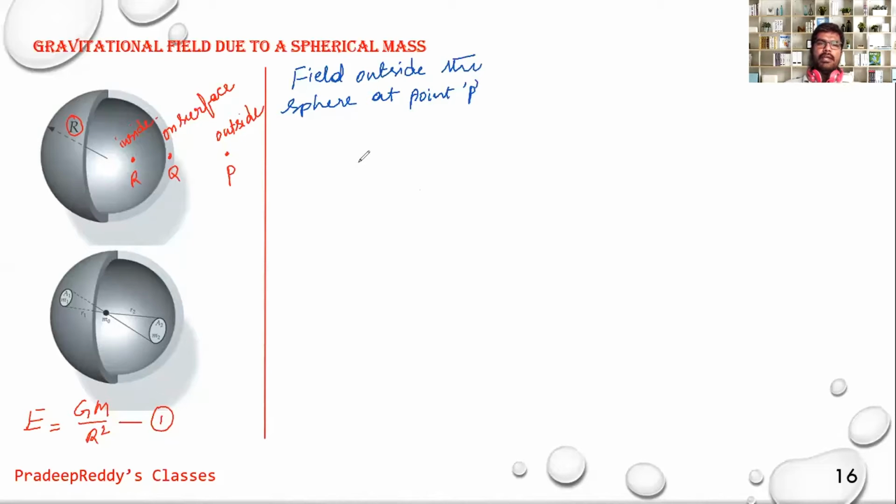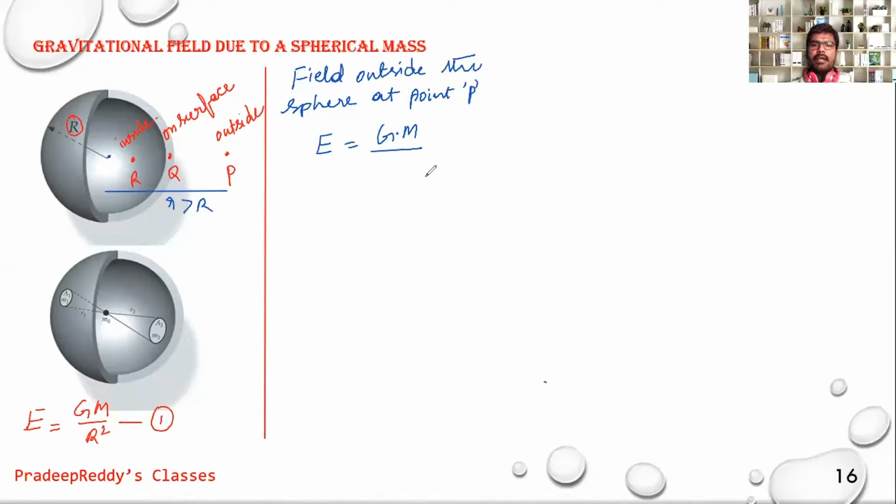So I can now write gravitational field E is equal to capital G mass of the sphere divided by, from the center of the sphere, this can be situated at a distance. This distance I can take as small r. From here to here, I'm taking it as small r.